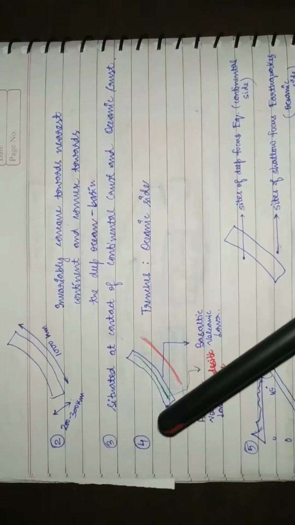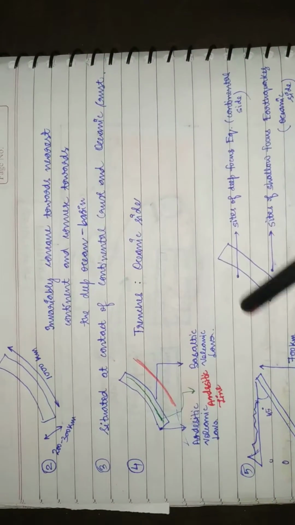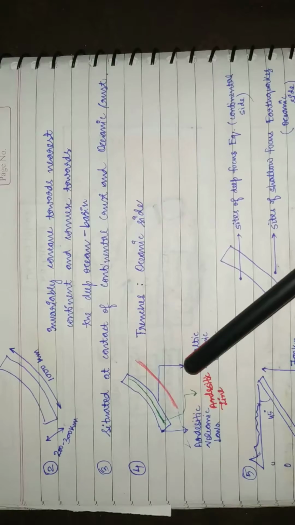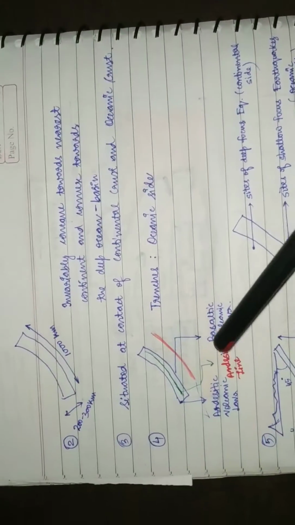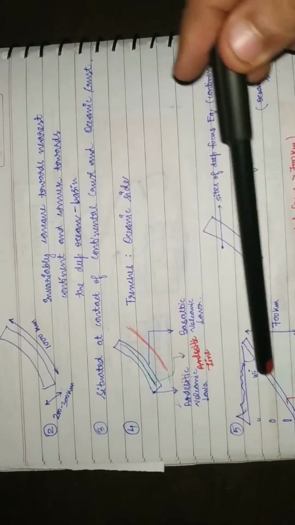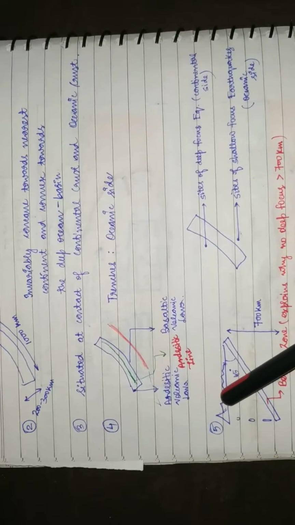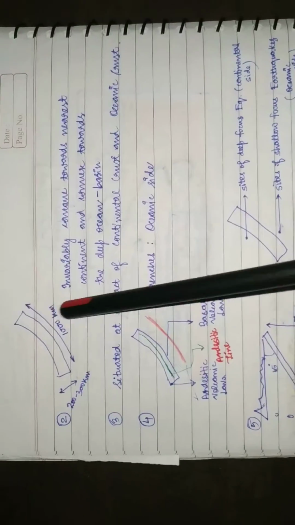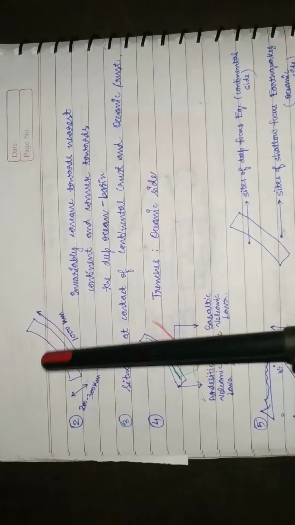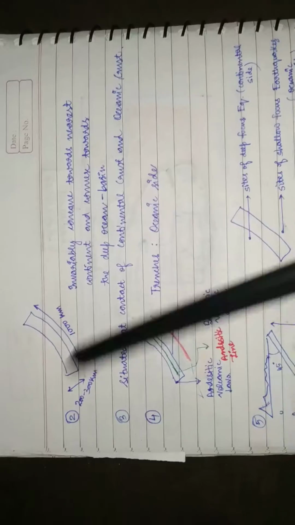All right. The fourth feature is that the trenches are on the oceanic side here, because it subducts here, so trench naturally will be formed on this side. And since it subducts here, you can see the andesitic lava will come here. So the andesitic volcanoes and andesitic rocks will be formed on the continental side, that is on the west side of Japan. The andesitic volcanic rocks will be found on the west coast of Japan.